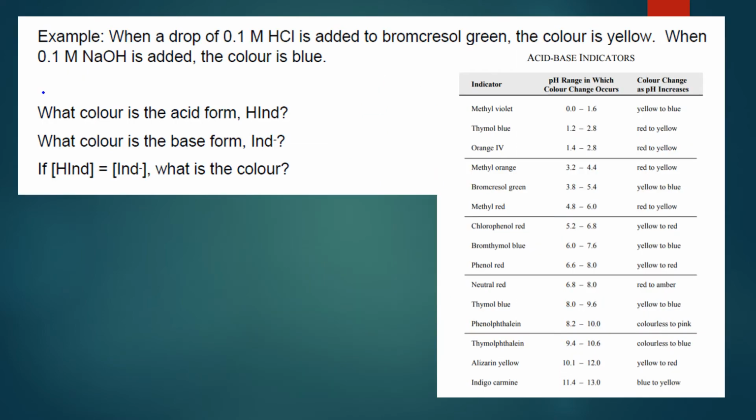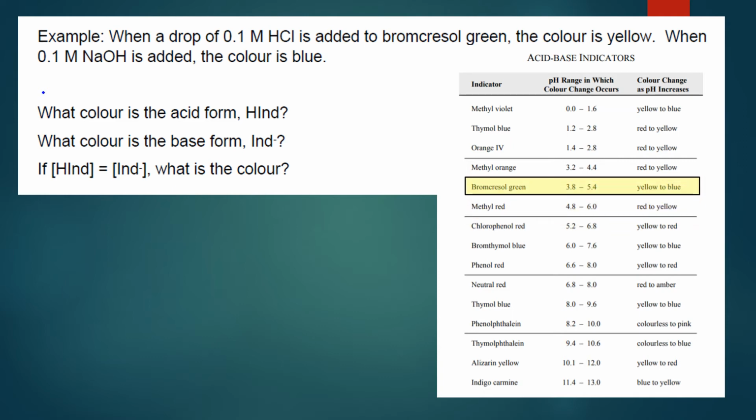So here's a couple of examples of this. It says when a drop of 0.1 molar hydrochloric acid is added to bromocresyl green, the color is yellow. When 0.1 molar sodium hydroxide is added, the color is blue. So it's asking what color is the acid form, HIND.